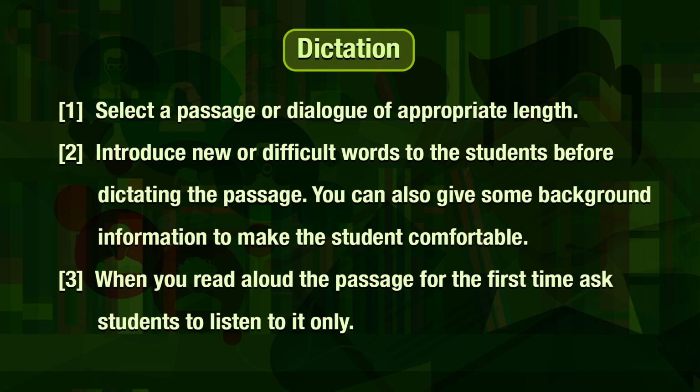This help will allow students to apply top-down strategies for listening comprehension. You may increase or decrease the difficulty of the exercise by giving less or more information prior to dictating the passage. Third, when you read aloud the passage for the first time, ask students to listen to it only.